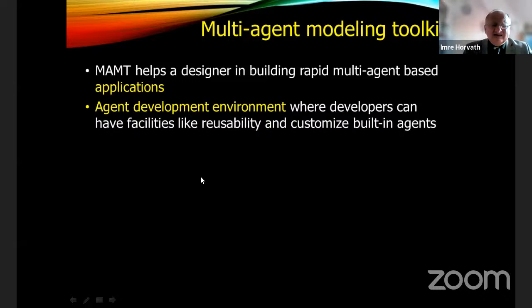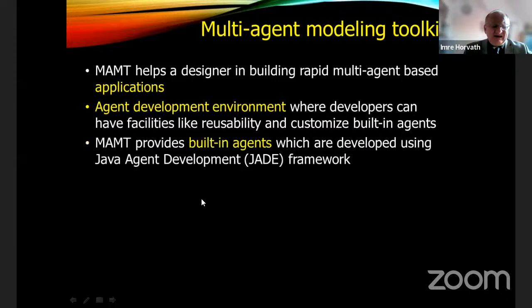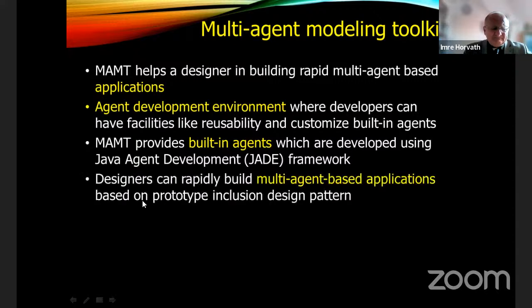So actually, agents are stored in the multi-agent modeling toolkit, and the designer, according to their goal, can reuse them, can modify them, and activate them. The multi-agent modeling toolkit provides built-in agents which are developed using the Java Agent Development Framework.